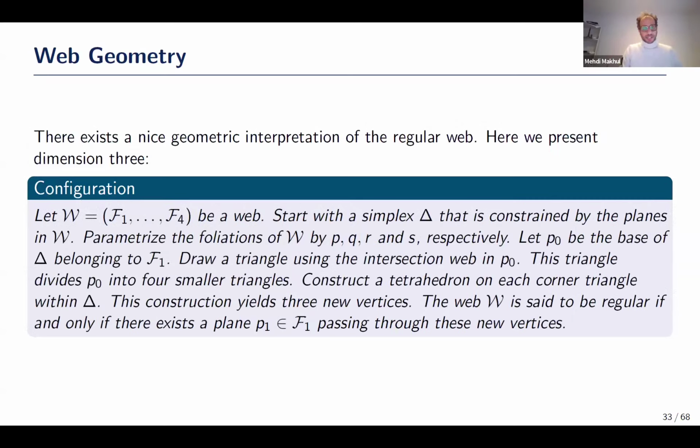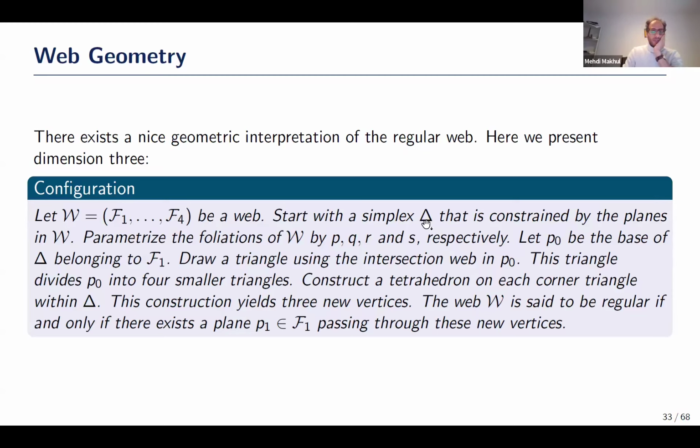And there actually exists a nice geometric explanation for a regular web. Here I just mention dimension 3. So we have a regular 4-web of planes in some domain of space.